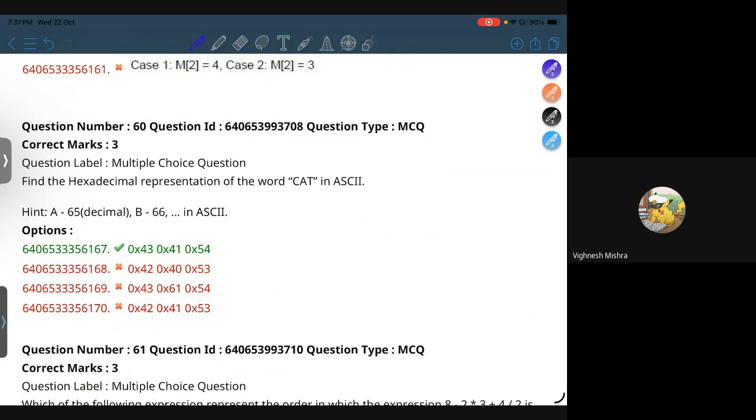Find the hexadecimal representation of the word cat in ASCII. Okay, they've given us a hint. So C is 67, A is 65, T is 84.